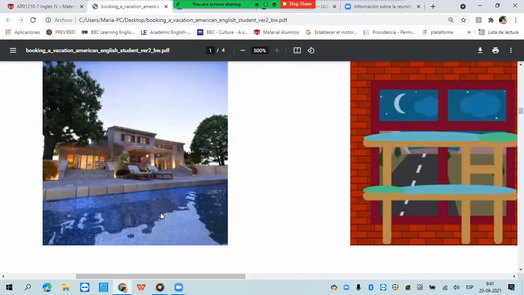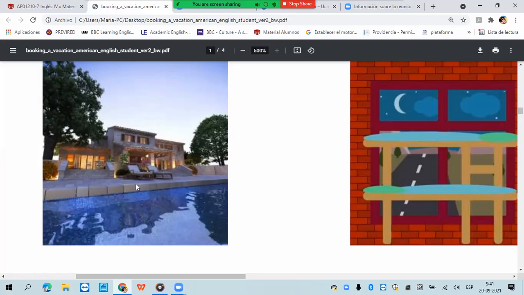La terraza. How do you say that in English? I don't know. Because of this, I said terraza. Does anybody know how to say terraza? There is a word that is balcony, but in this case it's not a balcony because the place is near the swimming pool.